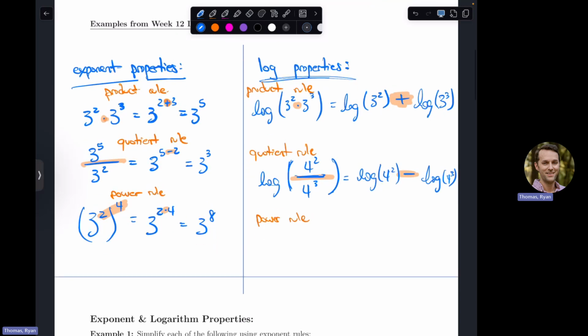Power rule. Well, in the same way that a power, especially a whole number power, is the easiest way to see it anyway, a number of copies of the thing. When we do that in the context of a log, and again, what logs do is tell you about a power or an exponent, if we take the log of 5 cubed, and if I think of that 3 as being like 3 copies of 5, right?